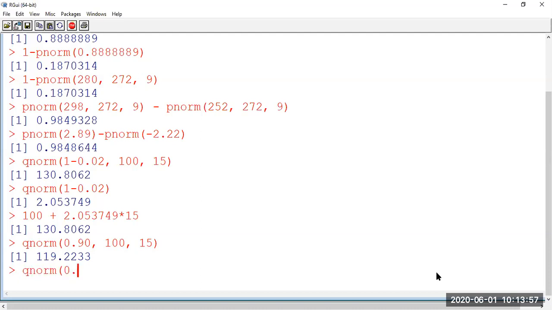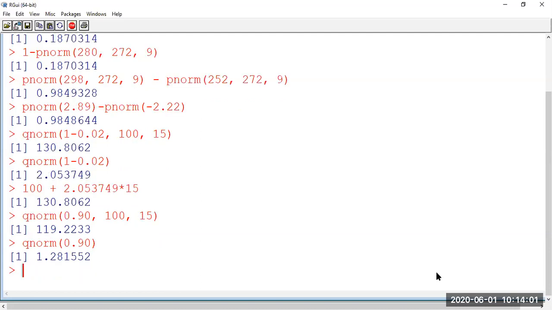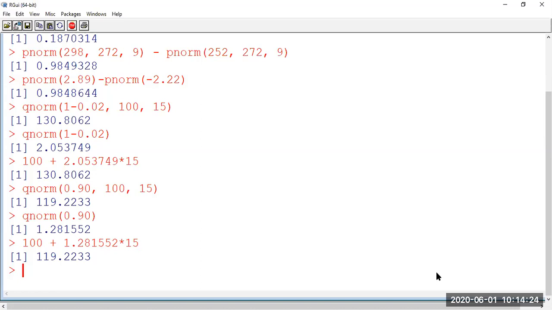You enter only the area, nothing else. So you get the z-score is 1.2852. So your value of x is going to be 100, the mean, plus the z-score that you just found, times the standard deviation. So you get the same result.